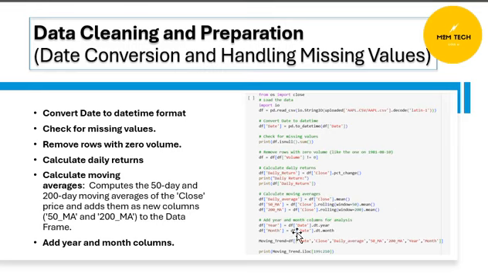I also calculate the moving averages, based on the 50-day and the 200-day moving average of the close price, and add two columns to the new data frame. I also add the year and the month columns for analysis as well.